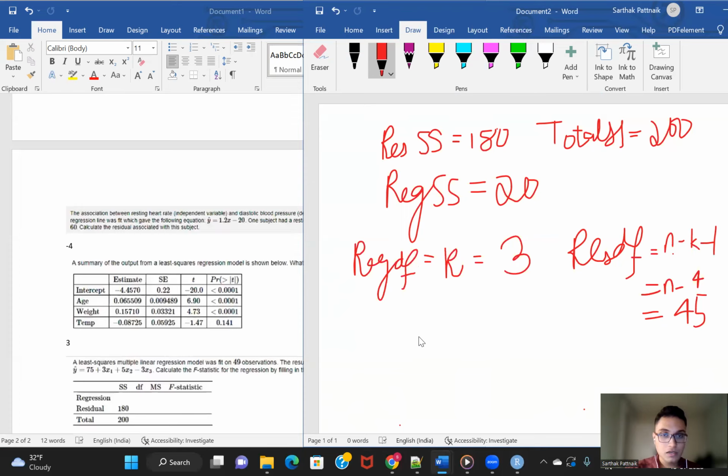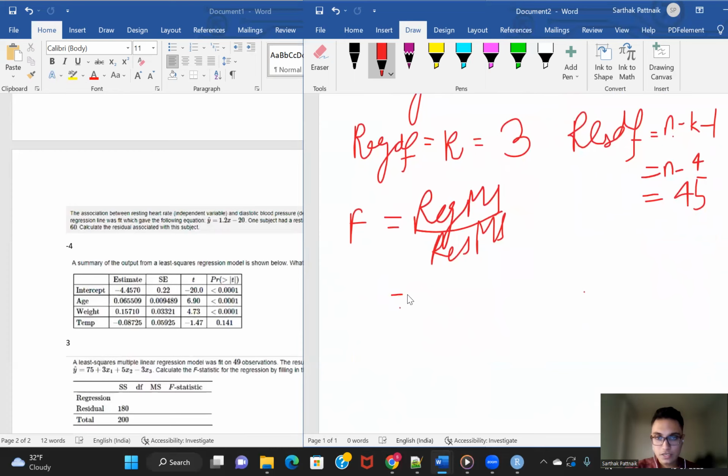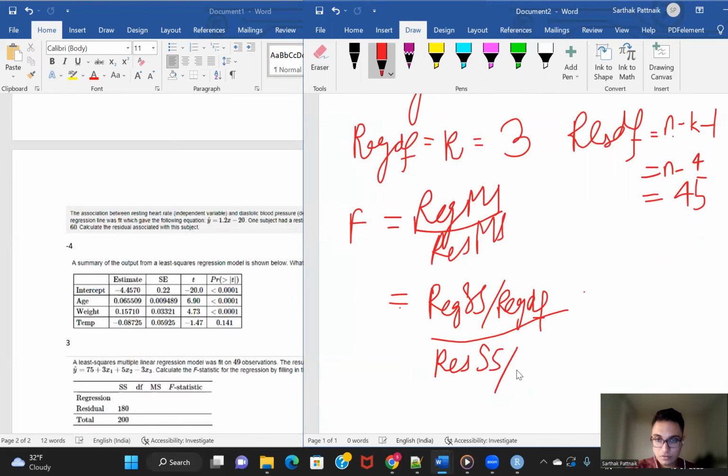So how do you calculate the F statistic? You calculate the F statistic using regression MS upon residual MS, which can also be written as regression SS upon regression DF, divided by residual SS upon residual DF.